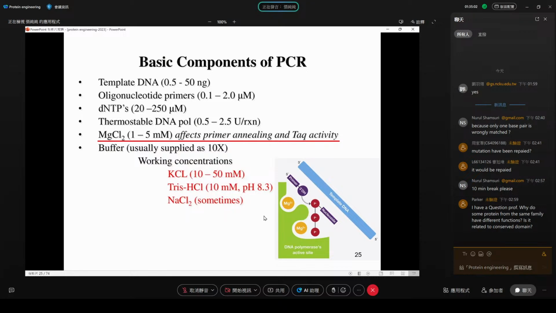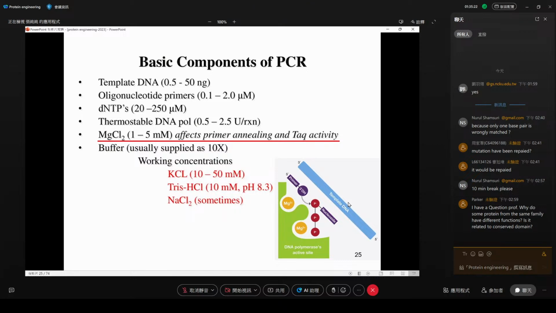So if you add too much magnesium chloride, you will make this complex too easy to fit into this pocket, to bind too strongly, which means even a primer annealed to the wrong site is fine.